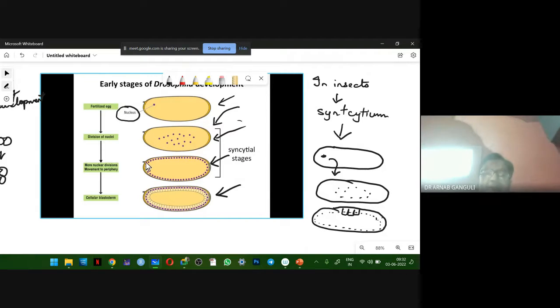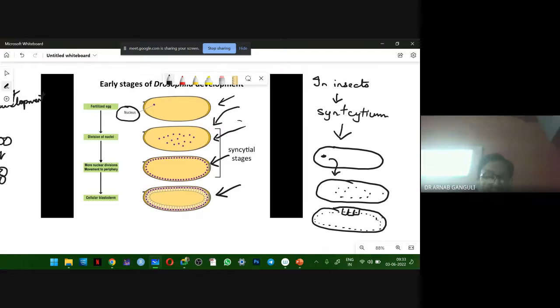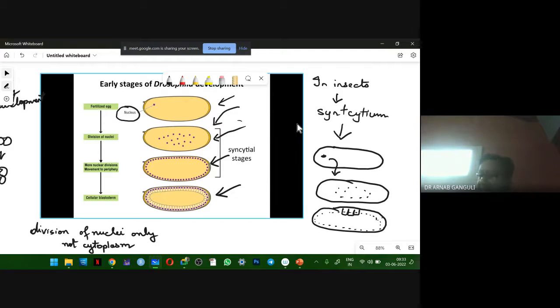And then the division takes place without the formation of cells, so division of nuclei only, not cytoplasm. This is known as syncytium.